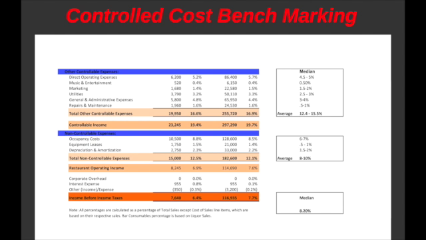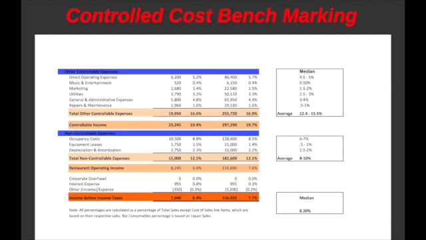Music and entertainment, half a percentage point. So half of a penny on every dollar that comes in should go towards music and entertainment. 1.2 to 2 cents on every dollar that comes in should go to marketing as a median. 2.5 to 3 for utilities, 3 to 4 for general and administrative expense, and 0.5 to 1 penny per dollar that comes in for repair and maintenance.